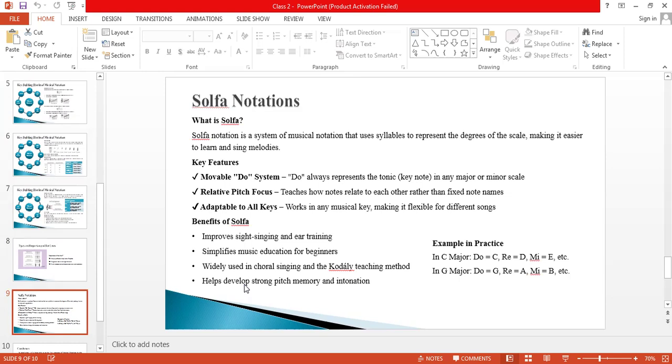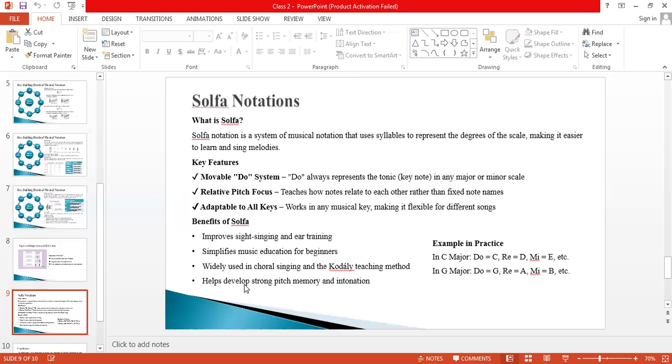What are the key features of solfa notation? Movable do system. That is, the do always represents the tonic note in any major or minor scale. And the relative pitch focus: it teaches how notes relate to each other rather than fixed note names.